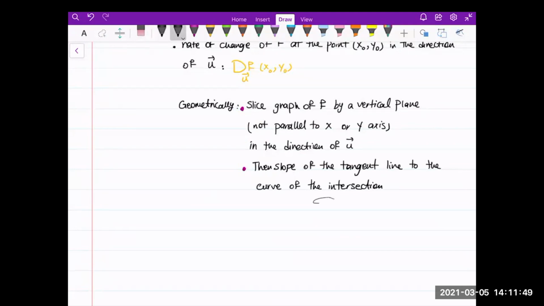If we have a graph of f like this, and then we slice it by a plane in the direction of, for example, u, then the curve of intersection looks something like this, right? I mean, the intersection of f and the plane.